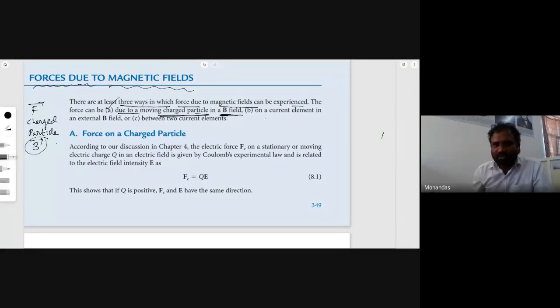And the second force is the force on a current element in an external magnetic field B. That is the second force.